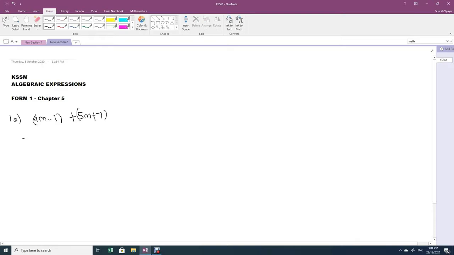So with this you solve 4m minus 1 plus 5m plus 7. So you will have 4m plus 5m minus 1 plus 7, so you will have 9m plus 6. So this is the answer for question 1a.